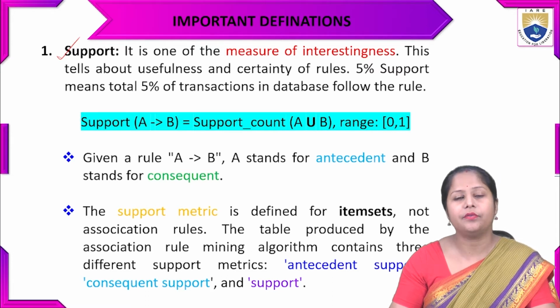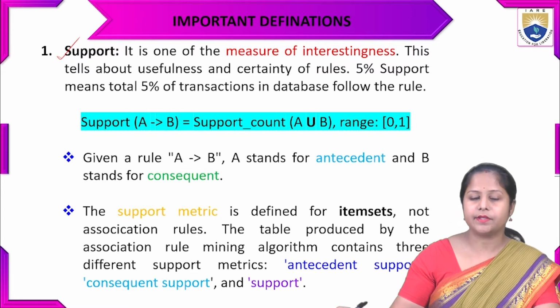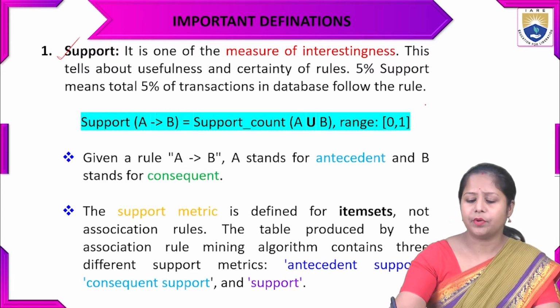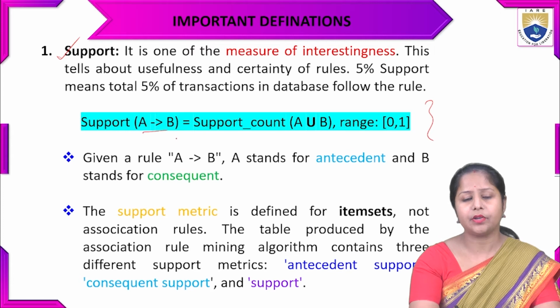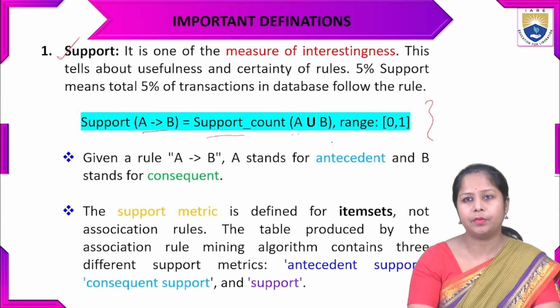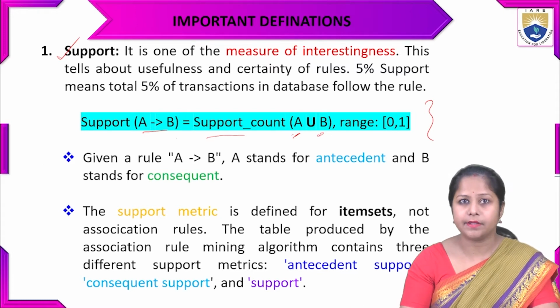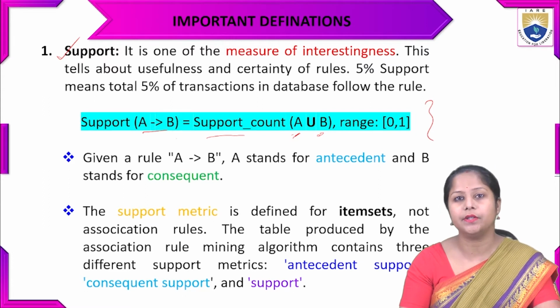There is a formula to calculate the support. Support of A implies B is the support count of A union B. The value ranges between 0 and 1, and in between, all the sets will be there in the database.